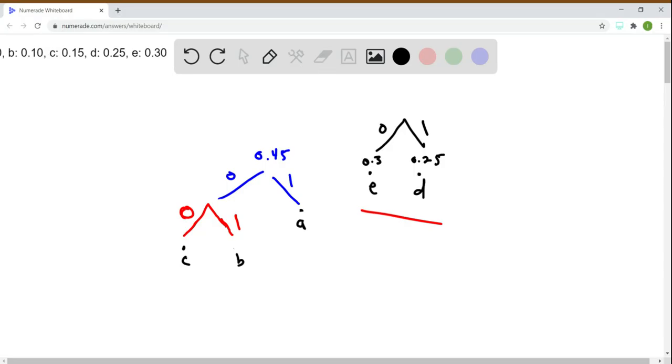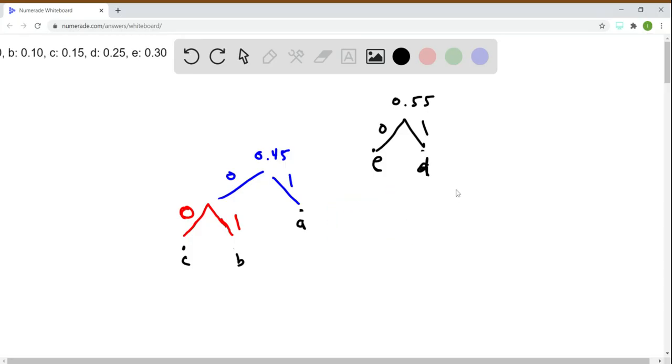And then we're going to add these together, and that's going to give us 0.55. All right, so let me get rid of these, get rid of that, and then we can go ahead and scoot these two letters up. E and D.